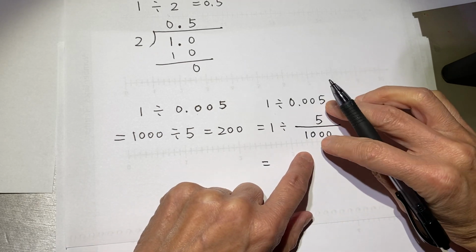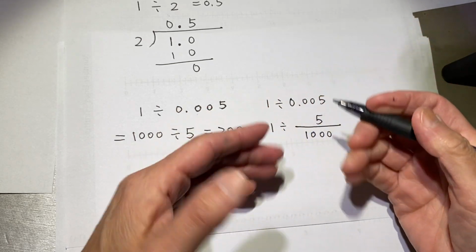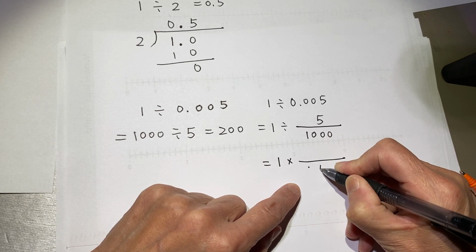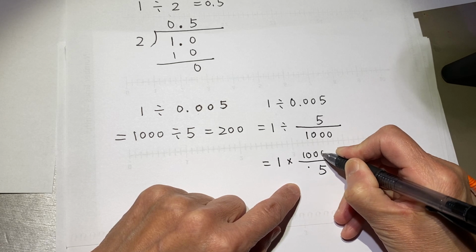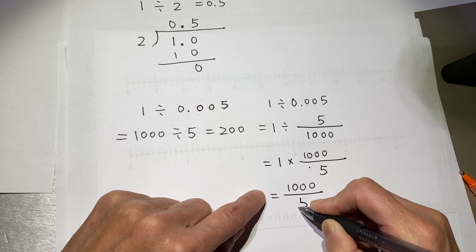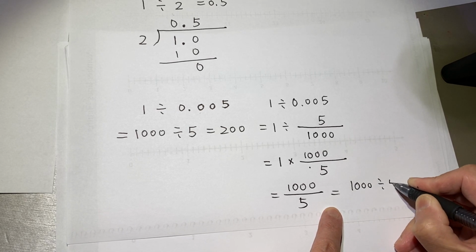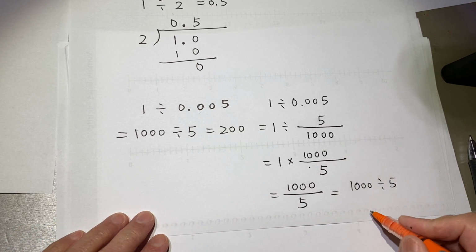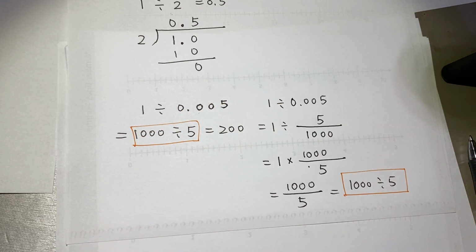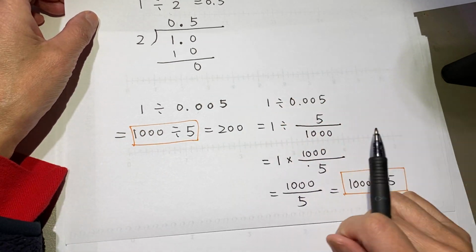And we know fraction division is just to flip the number to change it into multiplication: 1 times 1000 on top, 5 on the bottom. So 1000 over 5 is 1000 divided by 5. Are you seeing what I'm seeing? Right? So that is the reason behind it.